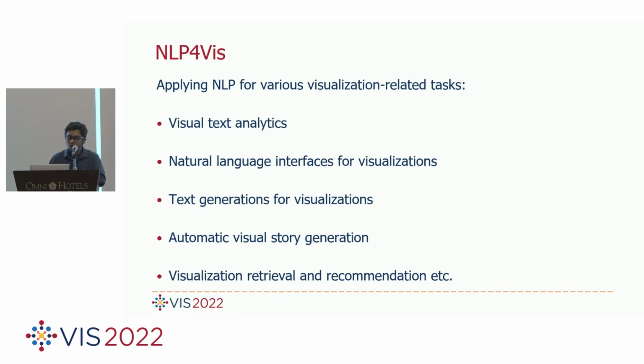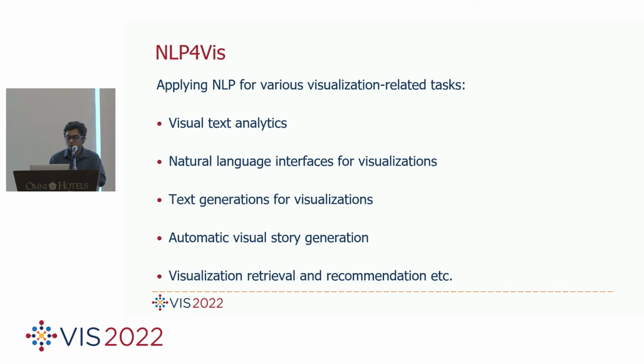And then we have automatic text generation or natural language generation, which can be used to explain things about visualizations automatically. That's a very new area that has been explored more recently.